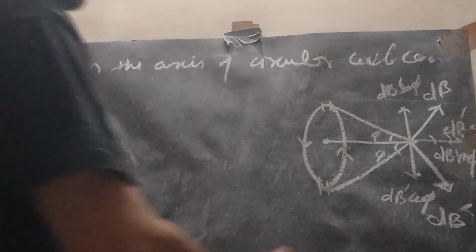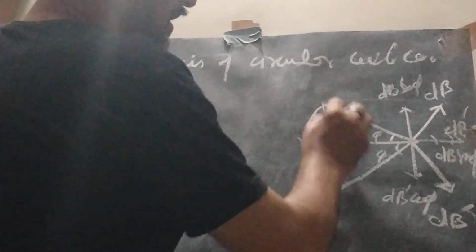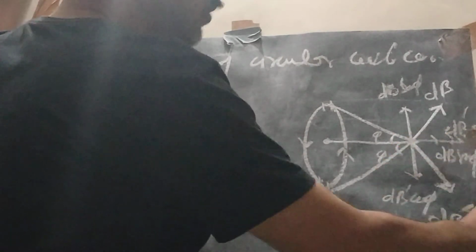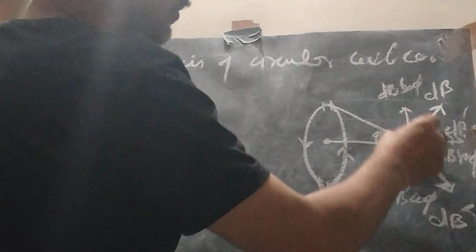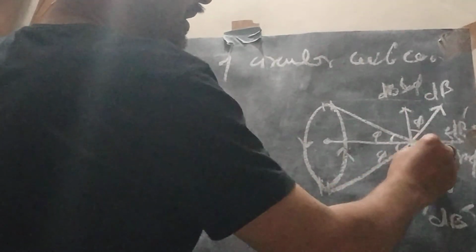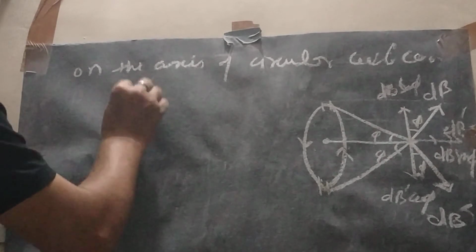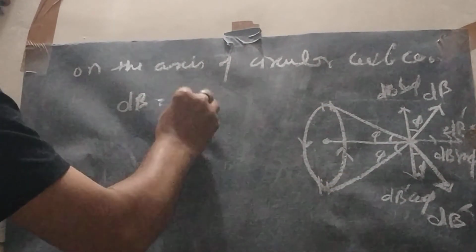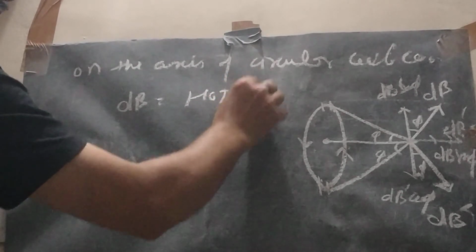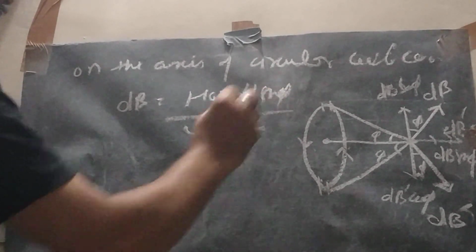Here it is similar, but there is a difference in direction. If it is a charged ring, the electric fields are directly outward from this point and from this point. This angle is phi. Then again we use the Biot-Savart law, according to which dB or dB dash here is mu naught I dl sin theta upon 4 pi r square.